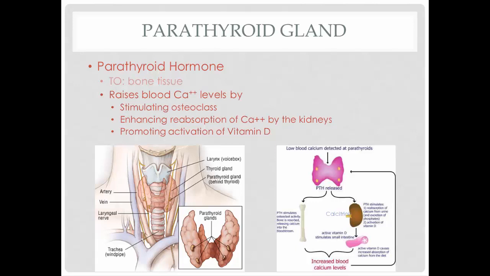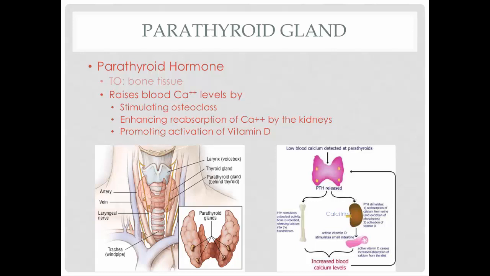So I'm going to raise our blood calcium levels. It's also going to enhance reabsorption of calcium by the kidneys. Again, remember, the kidneys basically filter everything out of the blood and then reabsorb the stuff that we want back into the blood. So if I help reabsorb more calcium, I could raise calcium levels that way, and then it's going to activate vitamin D as well.